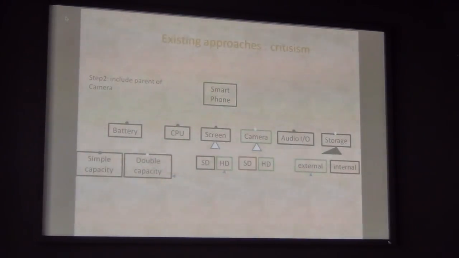Third step, as soon as we have selected smartphone, we need to select all its mandatory features. So we need to select battery, CPU, screen, and audio input output. Fourth step, because we have selected battery, we need to select all the mandatory features of battery. So we select simple capacity.